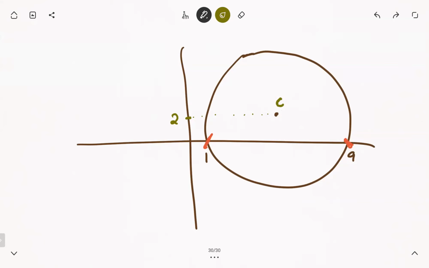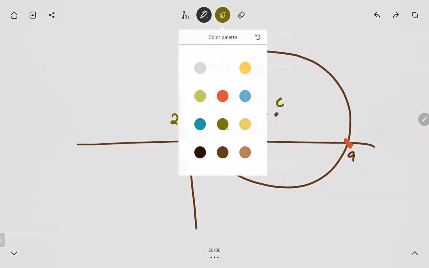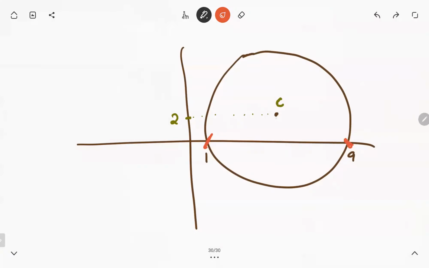See the method. If I draw a perpendicular from C to here, that is perpendicular, so this will divide the 1 and 9 into 2 equal parts.